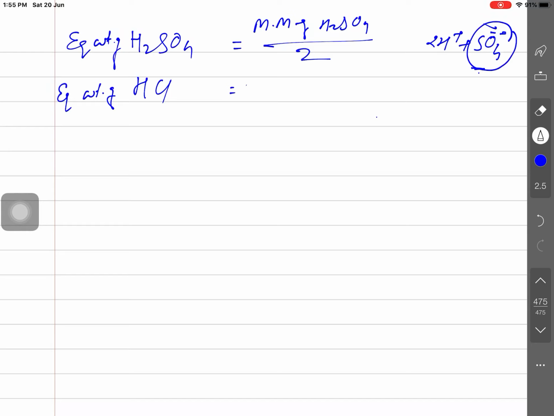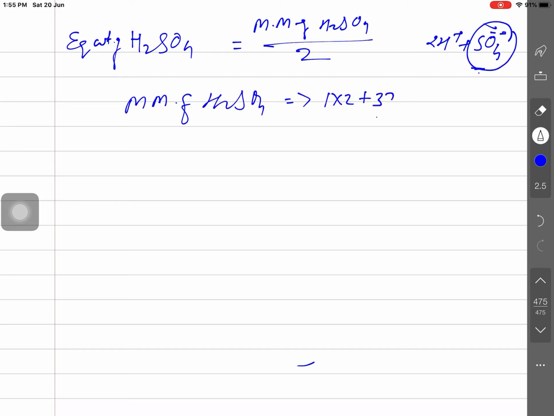Here the molecular mass of H2SO4 is 1 into 2 plus sulfur 32 plus oxygen 16 into 4, which is 2 plus 32 plus 64, equal to 98.